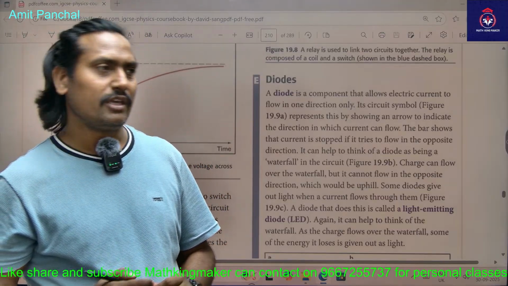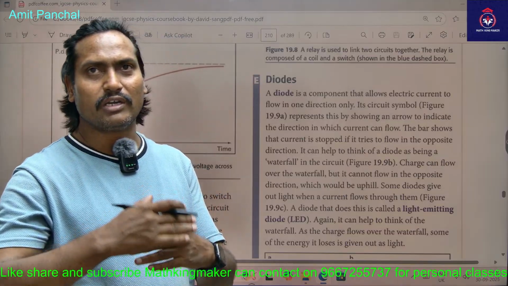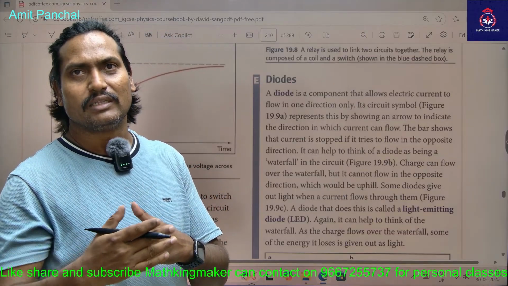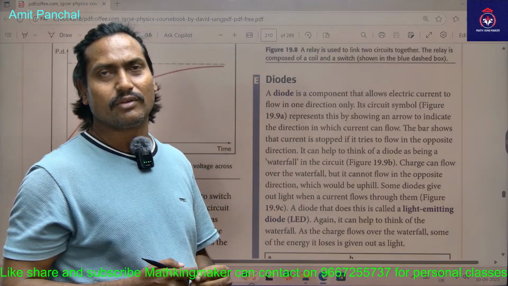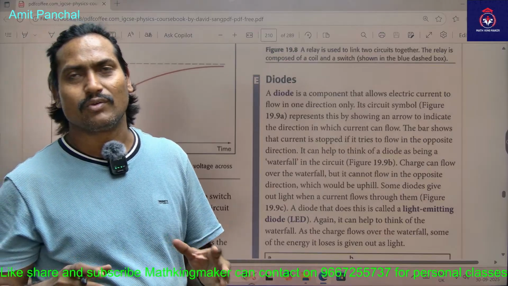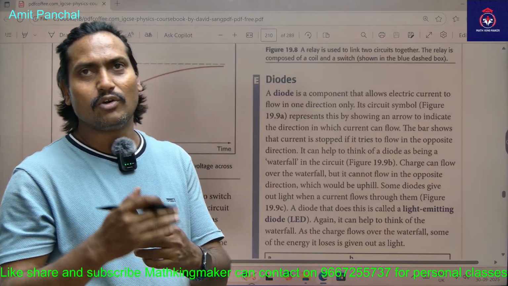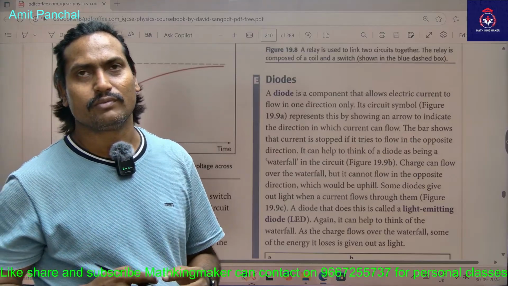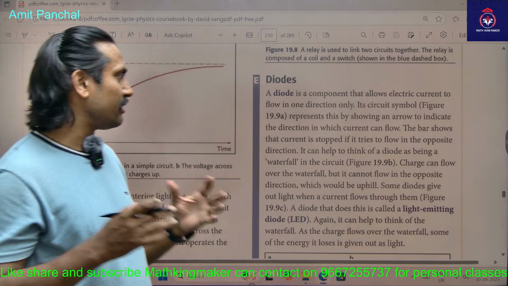If you want to allow current to flow, you can place your diode there and design it for when there is a need for current to flow. So a diode is just like a gate.